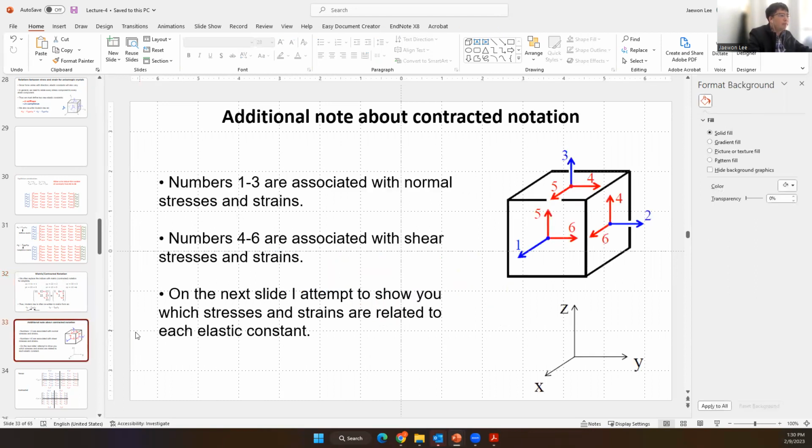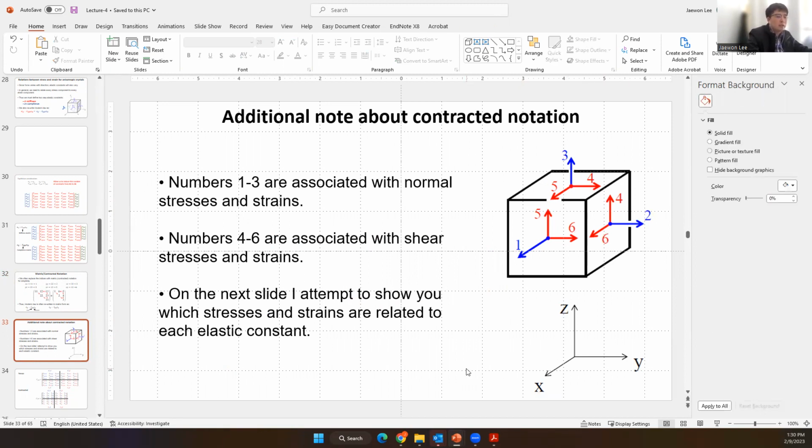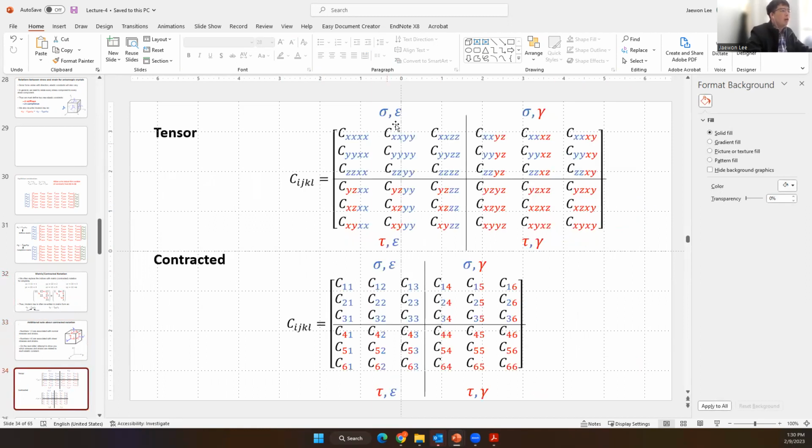So just simplified 1, 2, 3. 1, 2, 3 is related to normal stress and strain, and 4, 5, 6 is related to shear stress and shear strain. 1, 2, 3 is related to normal stress, and 4, 5, 6 is related to the shear stress and shear strains.